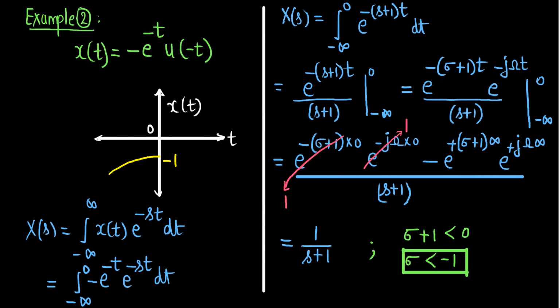So the region of convergence looks something like this. I'll draw it. Let's suppose this is minus 1, this is minus 2 and so on, and this is 0.